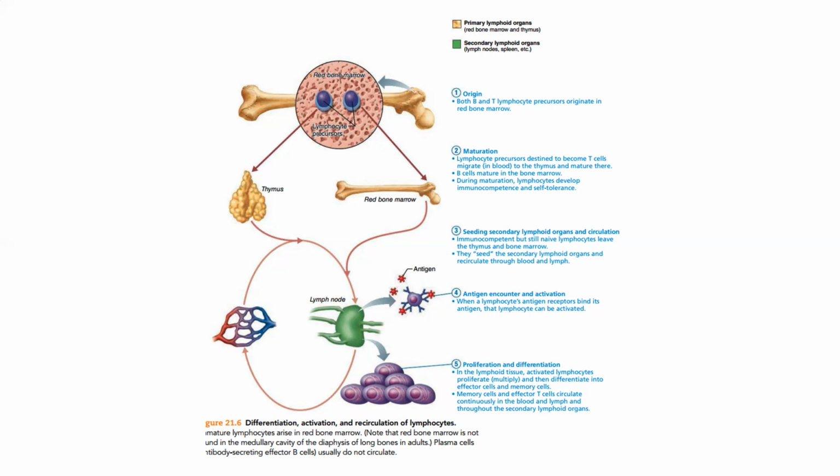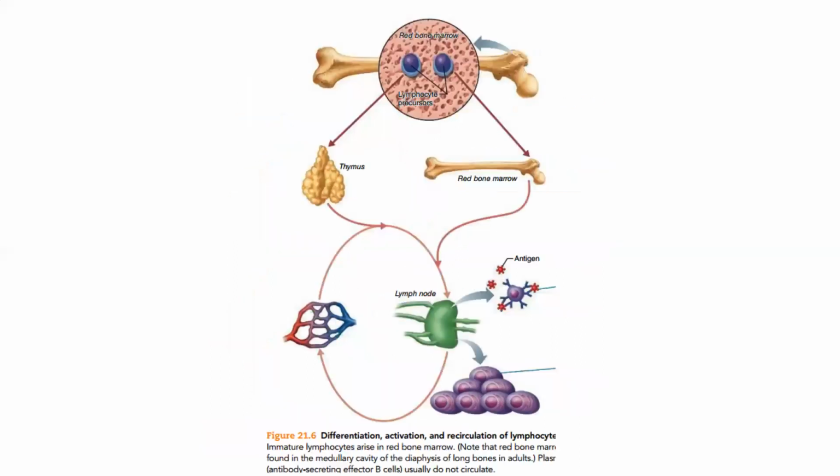Finally, both B and T lymphocytes will enter the immune system and be stored in the lymph nodes, the secondary lymphoid organs, and they will help with the immune attack.